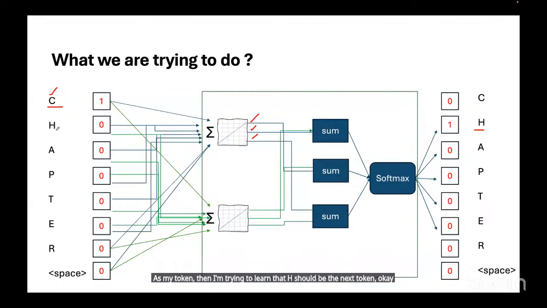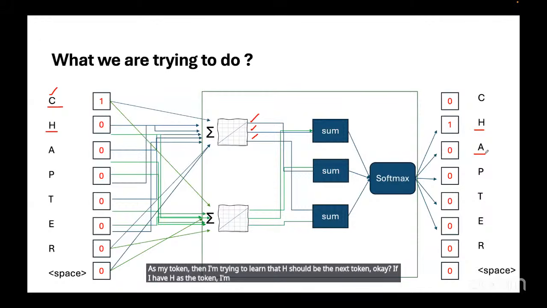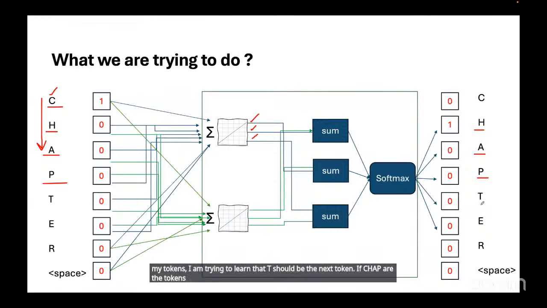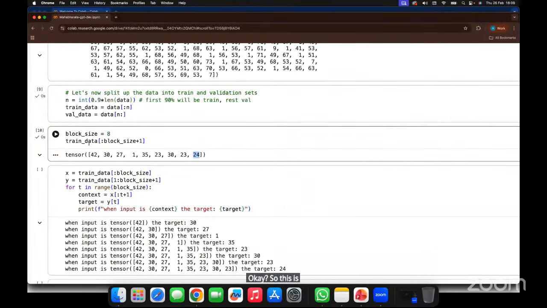If I have H as the token, I'm trying to learn that A is the next token. If I have CHA as my tokens, I am trying to learn that P should be the next token. If CHAP are the tokens, I'm trying to learn that T is the next token. If CHAPT is the token, then I'm trying to learn that E is the next token. And if CHAPTE is the input, then I'm trying to learn R as the token. So this is what I'm trying to do.